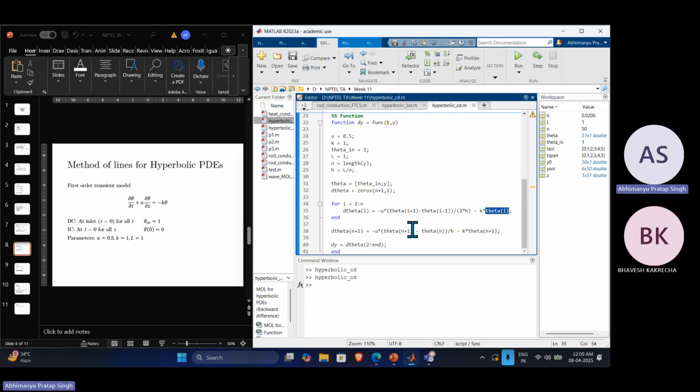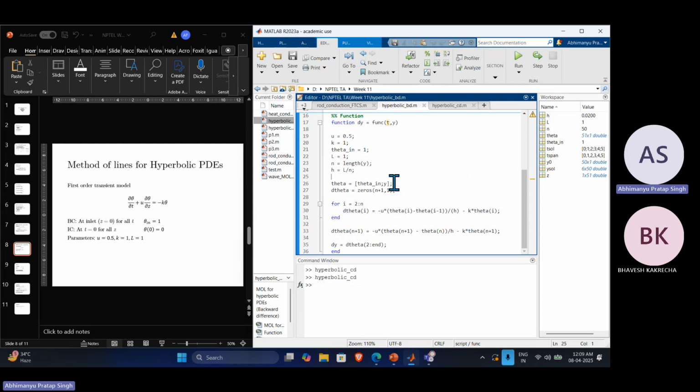So that is why the solution is oscillating, because it's trying to match the previous node as well as the next node, but the effect of the current node is not that much. Whereas in backward difference, we get this theta I and then theta I minus 1. So there is no dependence on the next term, like the theta I plus 1th term. So it is much more stable as compared to the central difference scheme.